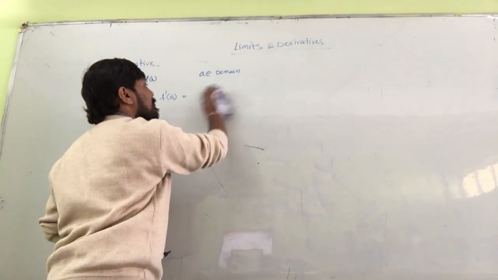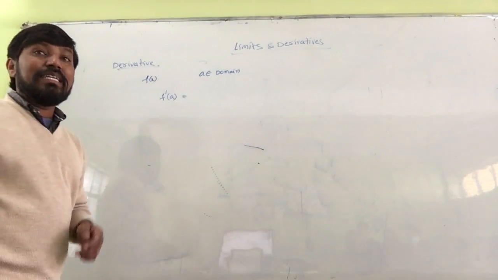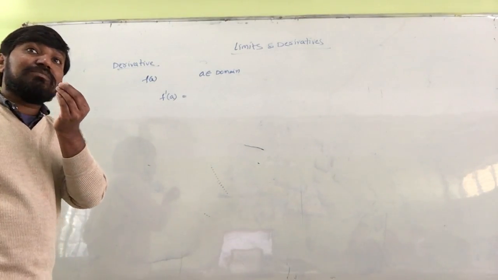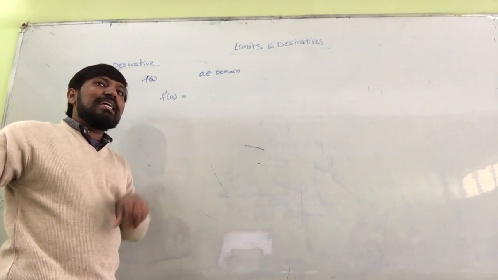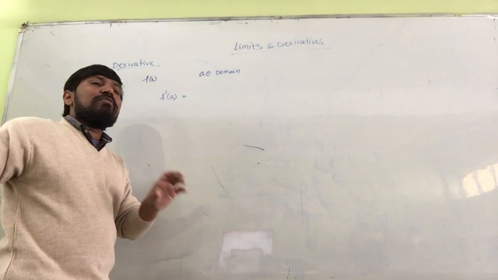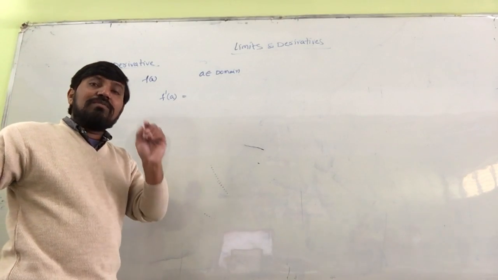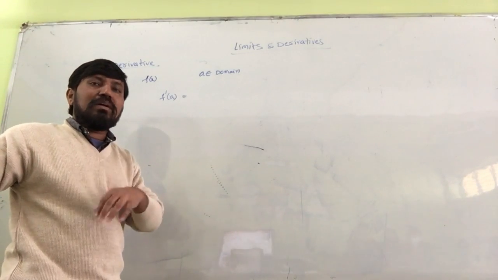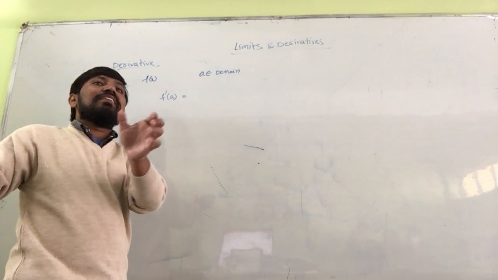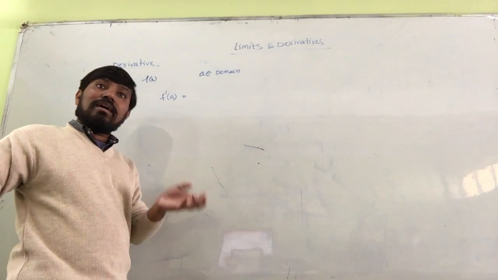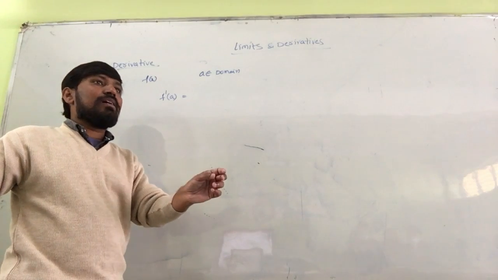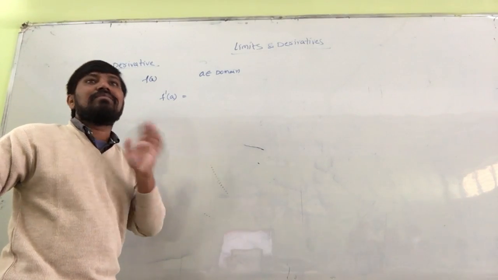That is one symbol for the representation of the derivative. d by dx is the derivative of that function with respect to x, where x is the variable and the remaining are all constants. That function has x as its variable.